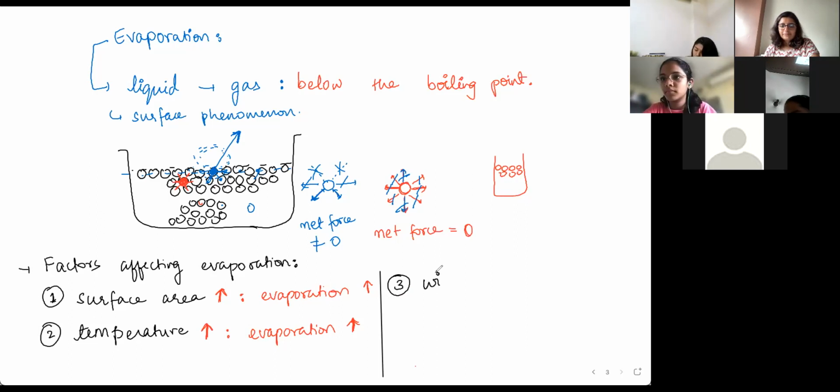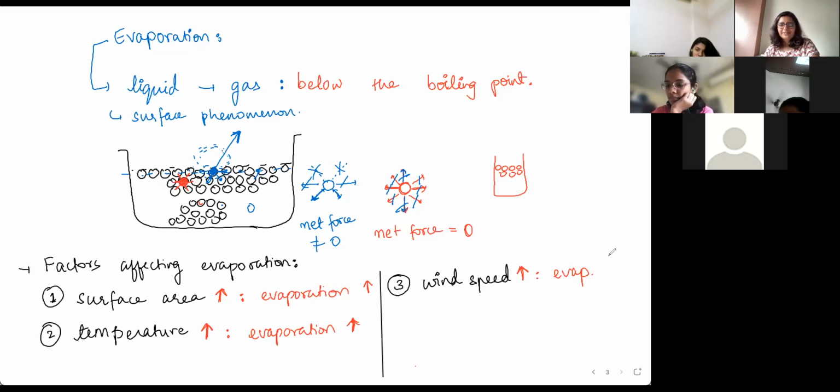Next, wind speed. How does wind speed affect evaporation? If wind speed is higher, evaporation will be higher. Do you agree? Because evaporation would be lower, a lower rate.